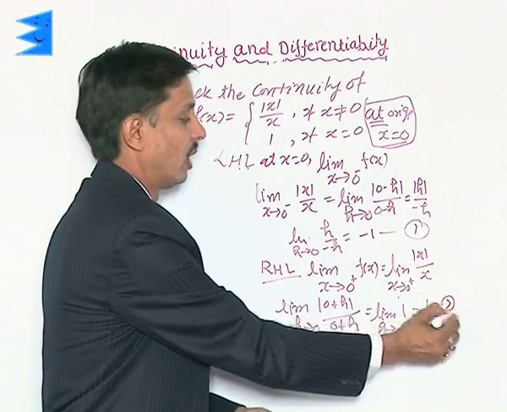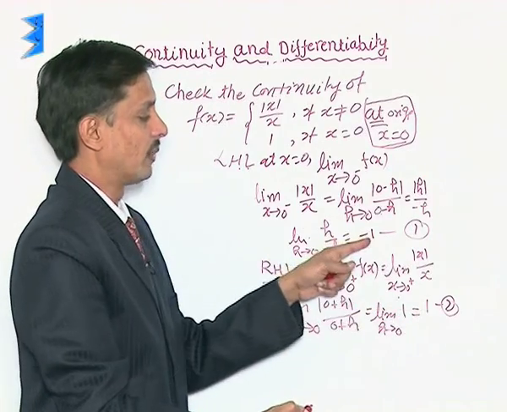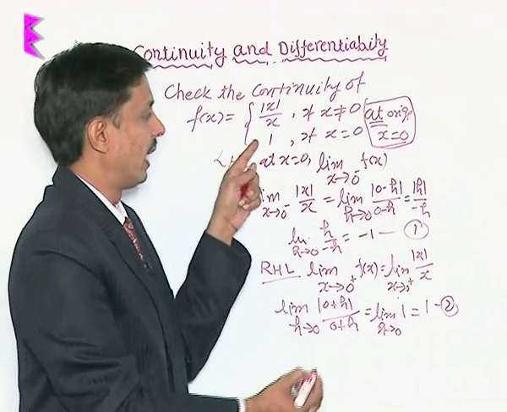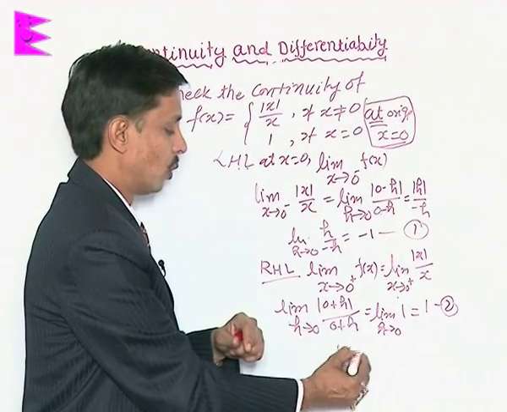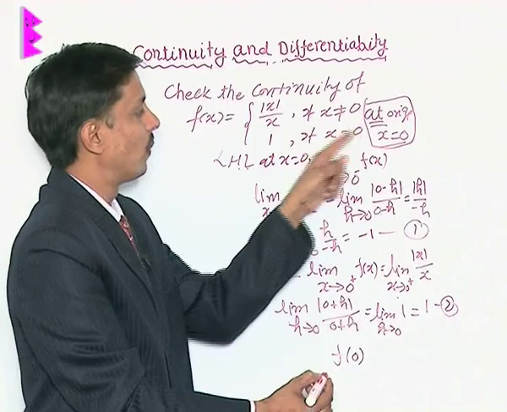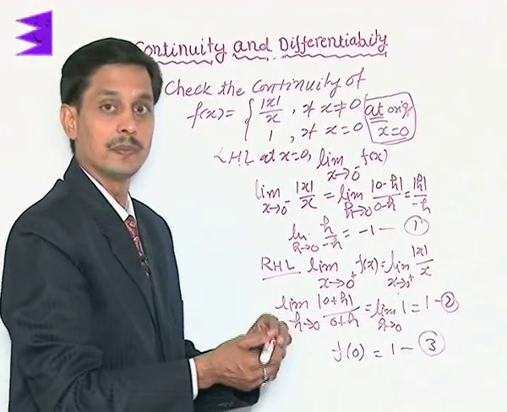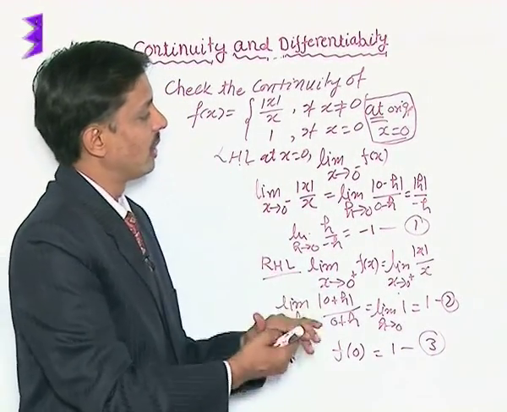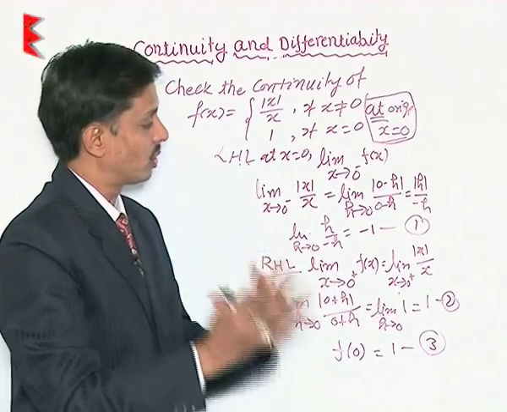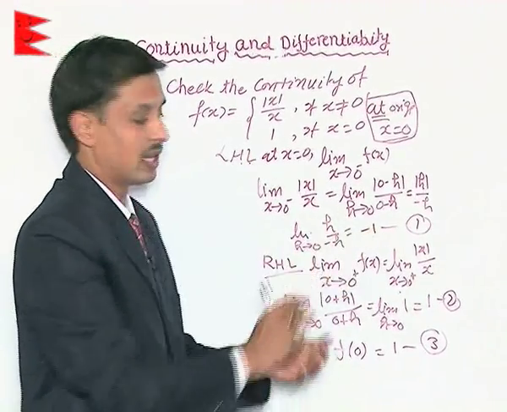So right hand limit is 1, left hand limit is -1, and f(0), that is the value of the function at x = 0, is 1 as per equation number 3. So what you are observing here: I have told you to calculate the left limit which is coming -1.